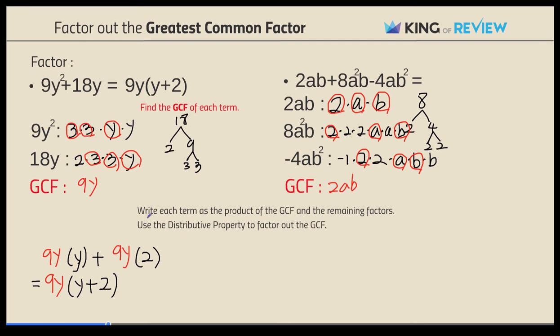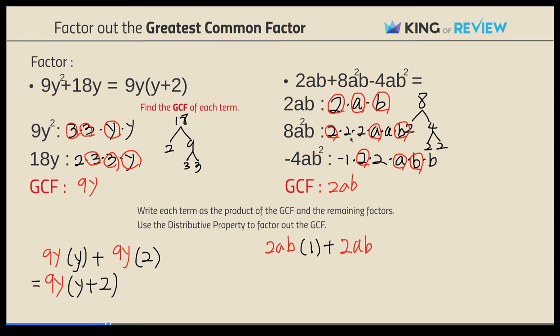Now, write each term as a product of the GCF and the remaining factors. So 2ab times the remaining factor 1, plus the GCF 2ab times the remaining factor.